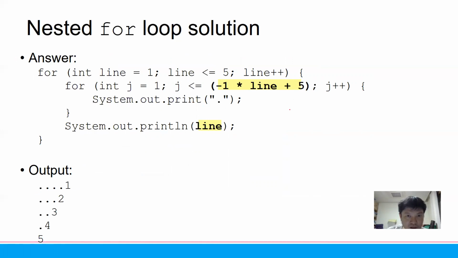After you finish the dots, you print the line, meaning the value that you want to show. If it is in the first line, then the number is 1. If it is the second line, then the number is 2. If it is in the third line, the number is 3, and so on. And the number of dots depends on the line.